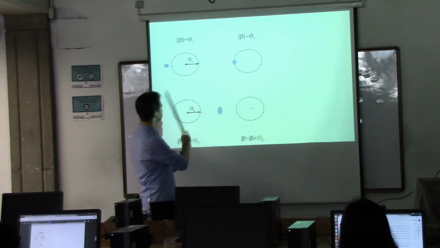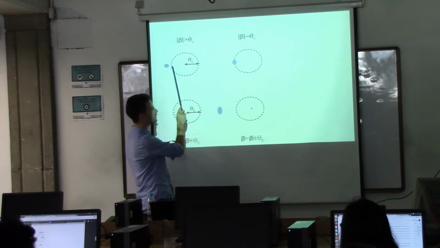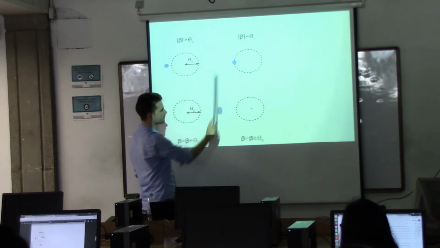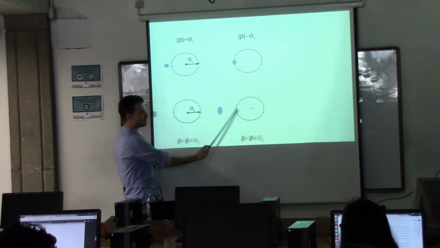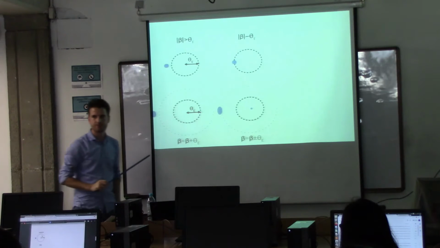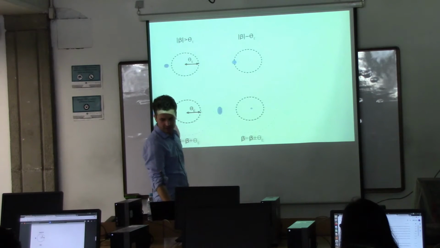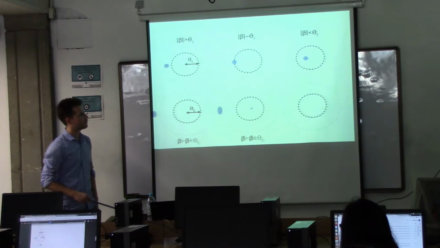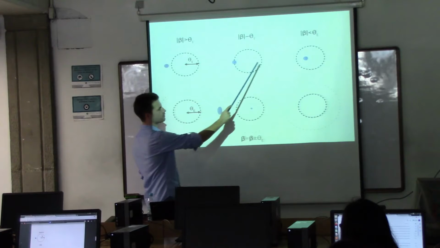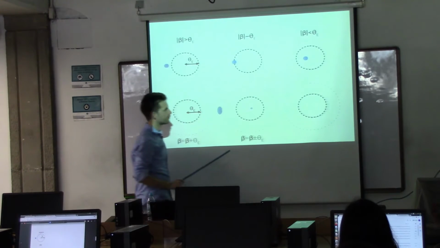So now we see as the source moves closer to the lens and gets to the distance of 1 Einstein radius, we suddenly move from having one image to having two images. And then the final configuration is where your source moves inside this Einstein radius ring.